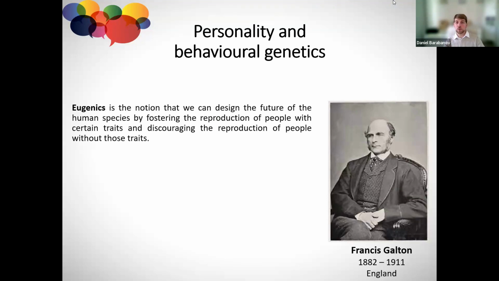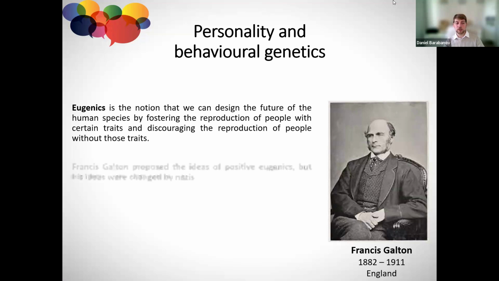And his idea was, what if we start to breed those successful, smart, and beautiful people together, so their offspring will be even more beautiful, smart, and successful, and thus we will make a new quality of people. Of course it sounds unethical, right? Because we don't breed people the same way as we breed horses or dogs, right? So this idea from the beginning was a bit off, let's say that.